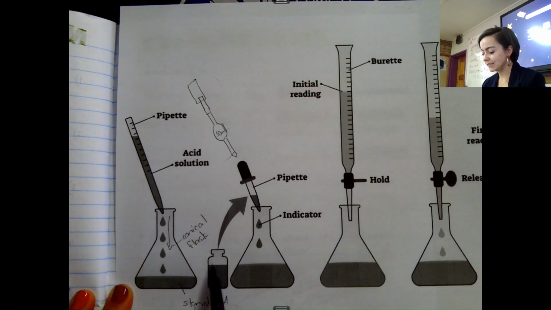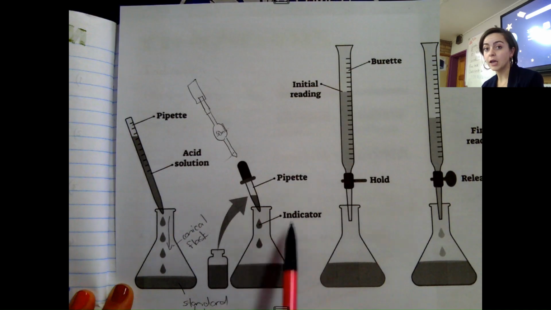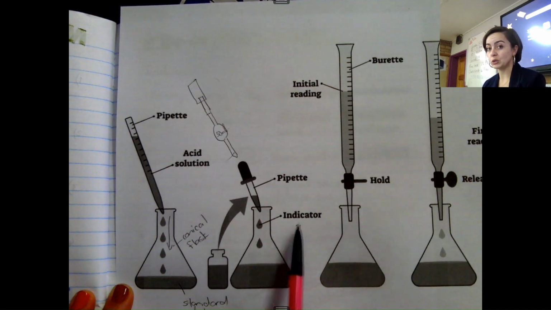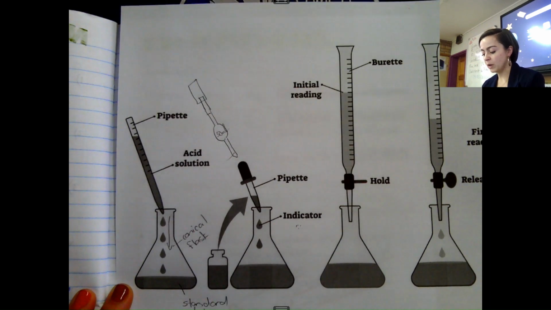Then we're going to add an indicator. So this is my indicator, and an indicator, as you guys learned, tells us the pH of the solution. It depends on what you are titrating. That will determine which indicator you are going to use, and we're going to look at that now. All right. The one in class that we did is we placed our acid in here.